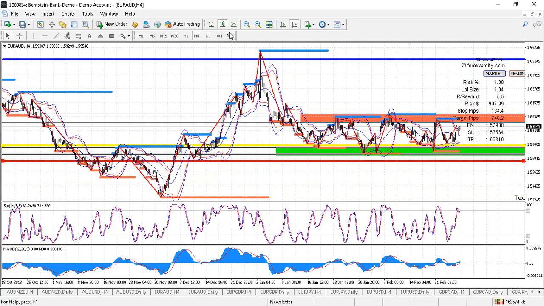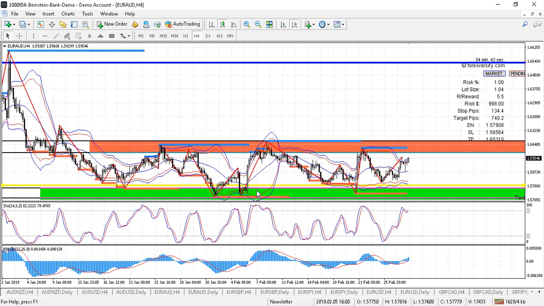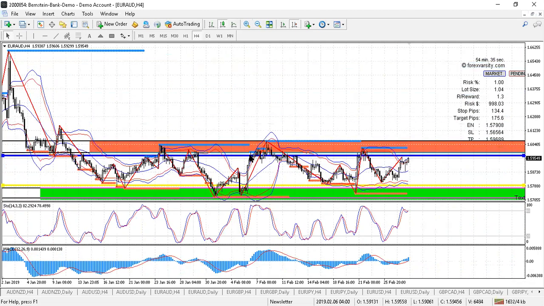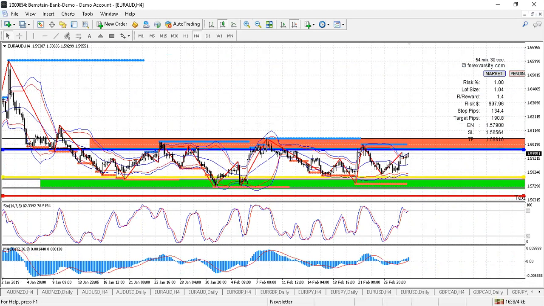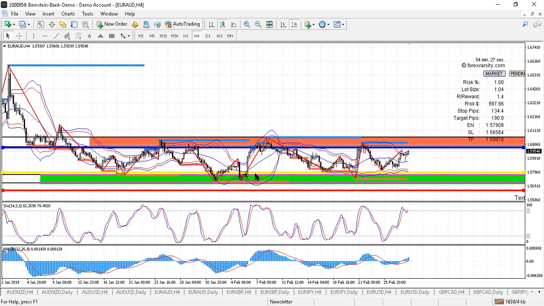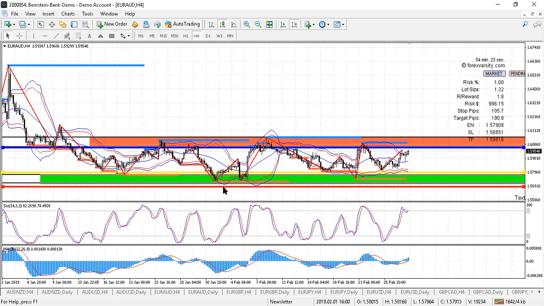And then the next question is, where do you put your take profit? Well, you should, in theory, be able to trade right up to the sell zone. And if you're able to get that, then that would give you a 1 to 1.4 risk to reward ratio. If you want to be a little bit braver, you can bring the stop loss a bit nearer, just the other side of there, and you're going to get nearer your 2 to 1, which we always like.